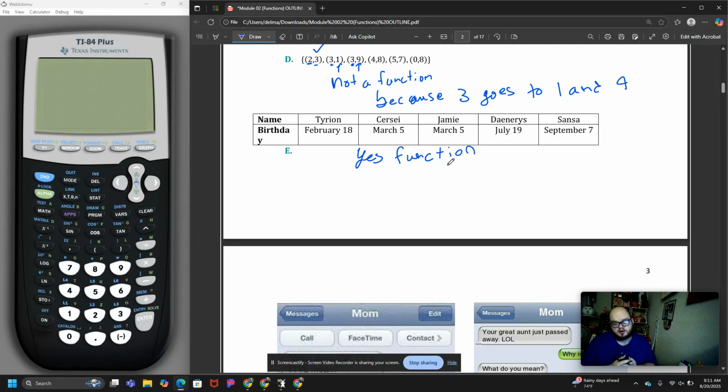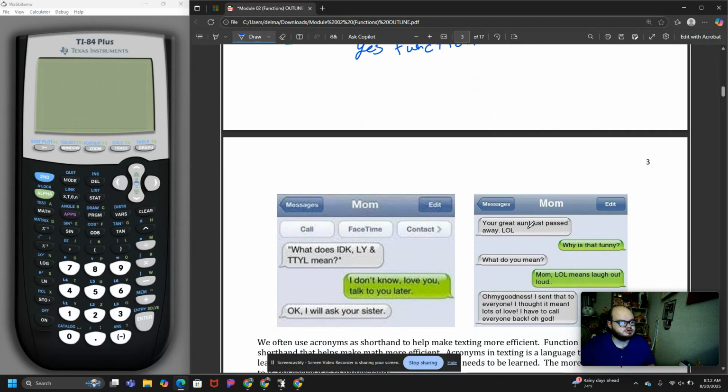So more than one person can be born on the same day, right? But you can't have 2 birthdays. So if we saw that it said that Jamie had a birthday on March 5th and July 19th, then that would not be a function, because how can you have two birthdays? But it is a function because we can share the birthday, because there's several people that are born each day.